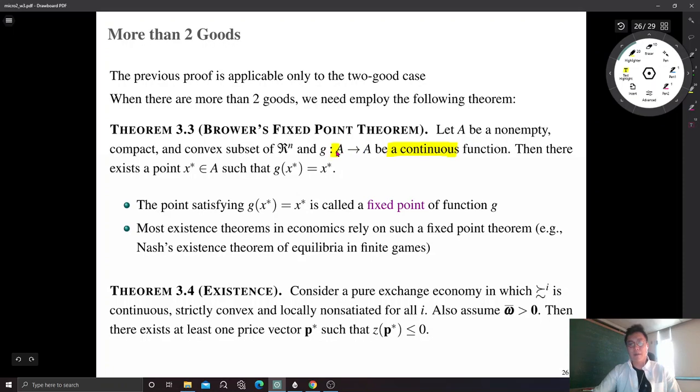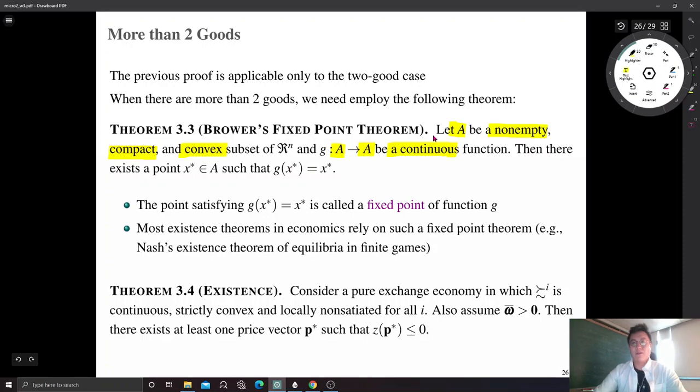So it is a mapping from space A to itself. And the space A should be non-empty, which is easy to verify, but it should be compact, bounded and closed, and a convex set in the Euclidean space.